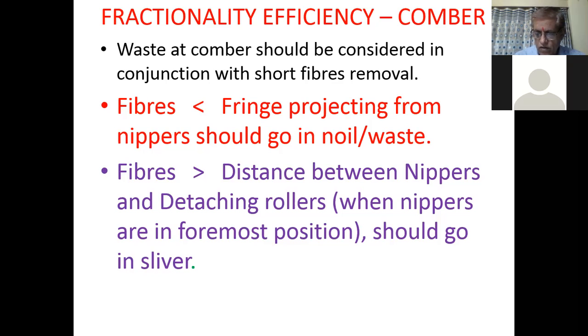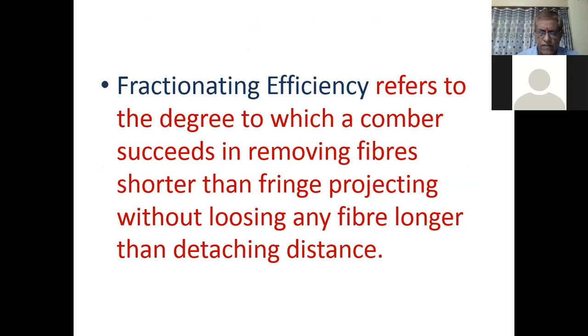So on the basis of these two rules, we are assuming that the noil is extracted from the comber. How these rules are followed, and how successful the comber is in following them, is related to the comber fractionating efficiency.